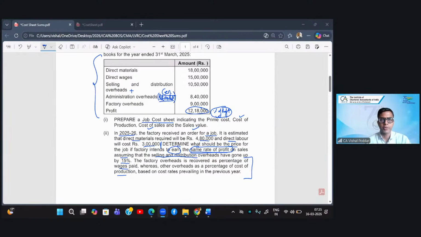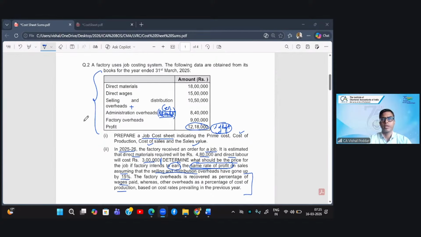Students, start posting your percentages. I'll just prepare this cost sheet here itself for quick reference of everyone.